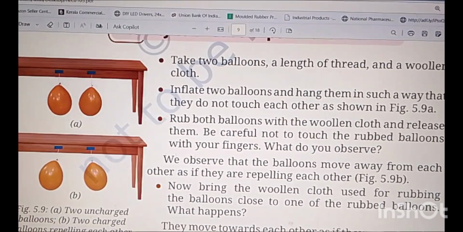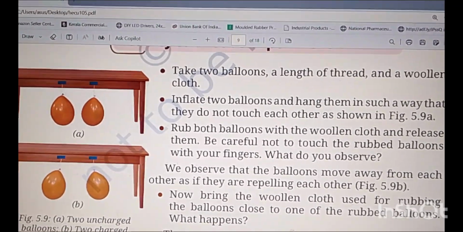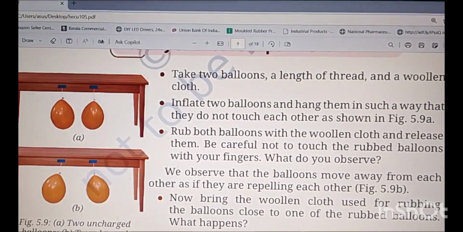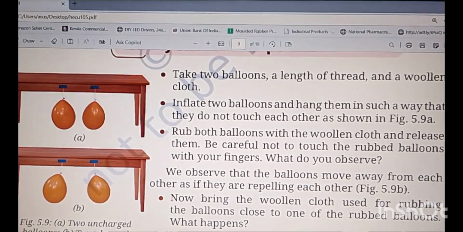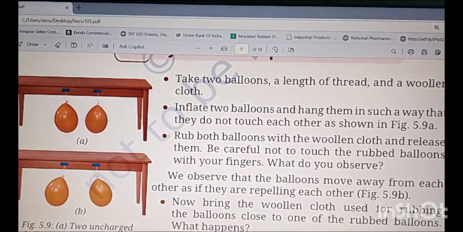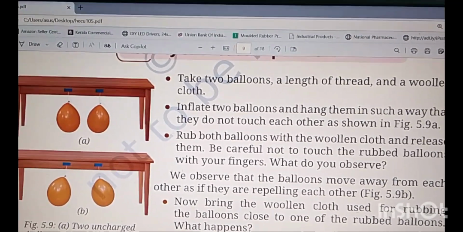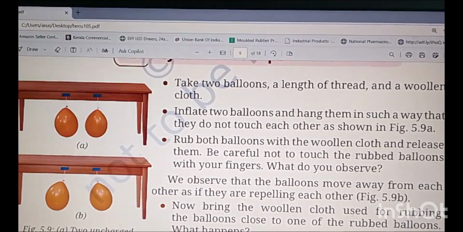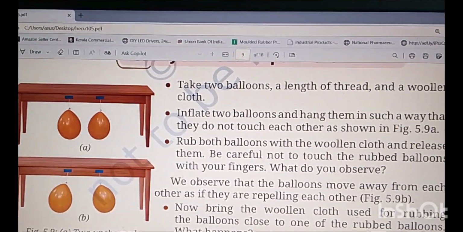And in the second case, we are bringing the rubbed woolen cloth in between. So here the charges of the balloon and the woolen cloth are different. So due to the difference in charges, the unlike charges get attracted. That's why in the second case the balloon is shown as attracting.